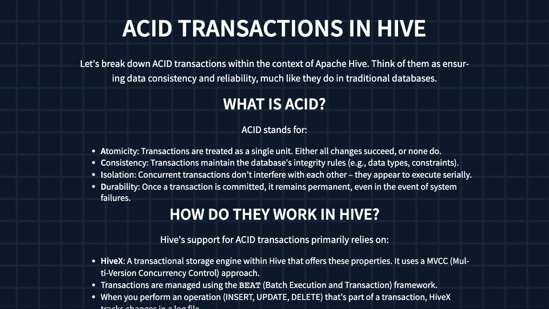Consistency ensures rules about your data are always followed. Isolation makes sure concurrent operations don't mess each other up, and durability guarantees that once something is saved, it stays saved even if the system crashes. Hive uses something called Hive to provide this transactional support, leveraging a technique called MVCC to manage changes efficiently.